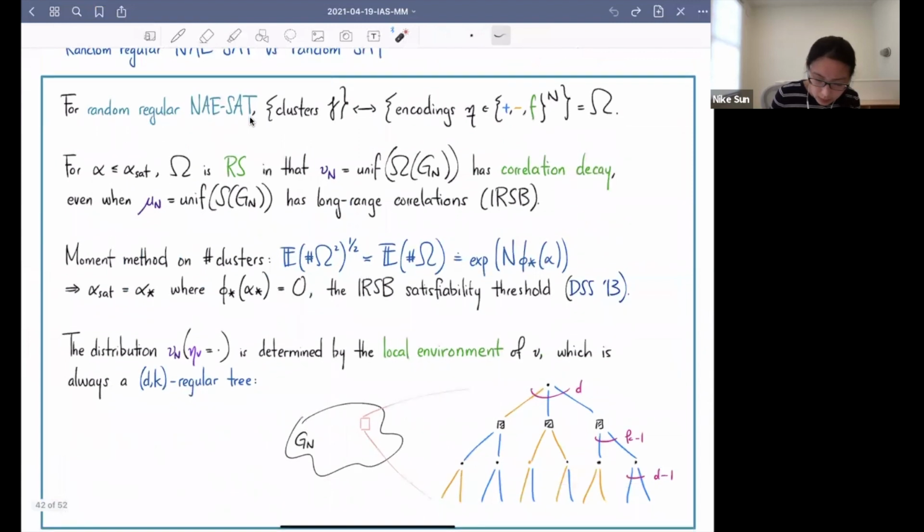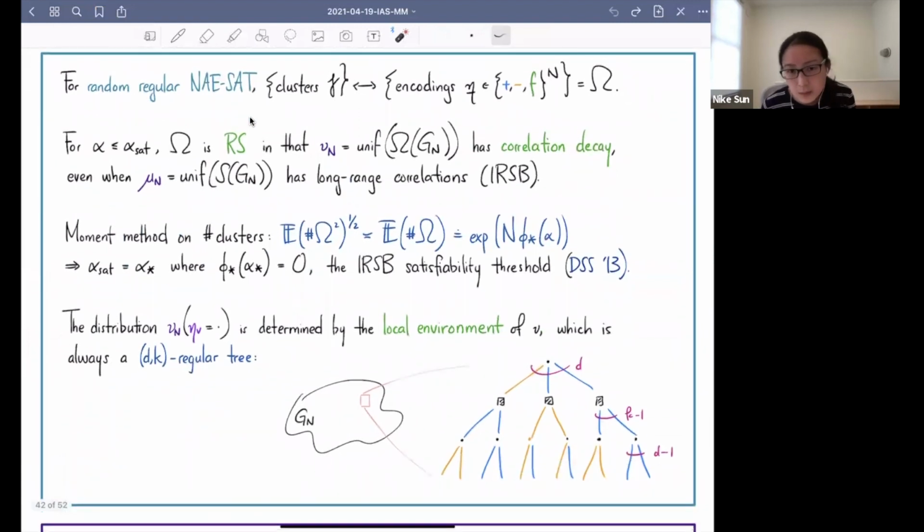So I want to contrast what we know about these two models. In the random regular not-all-equal SAT model, this is a short review of what I said last time: we have a combinatorial correspondence between clusters in the solution space and these plus-minus-free configurations, which satisfy some local combinatorial rules.